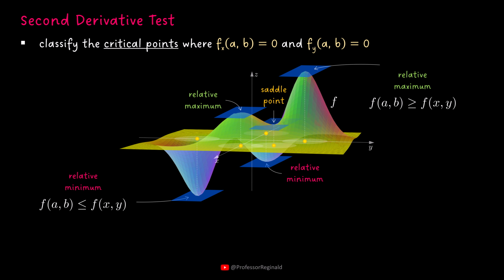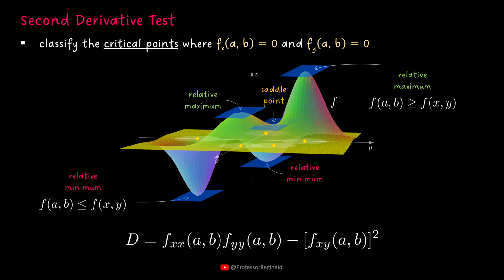It is difficult to use these inequalities to test every point near a critical point. So use this equation containing second-order partial derivatives to classify a critical point.